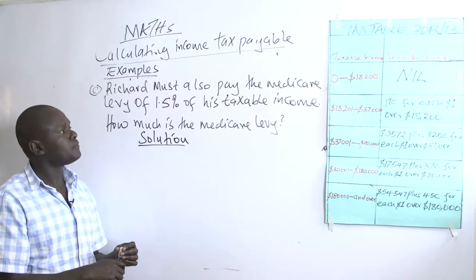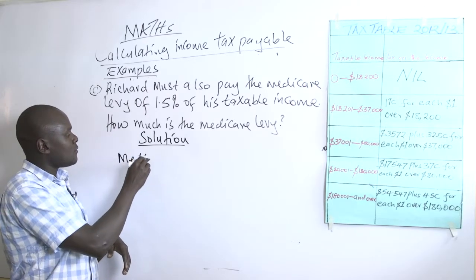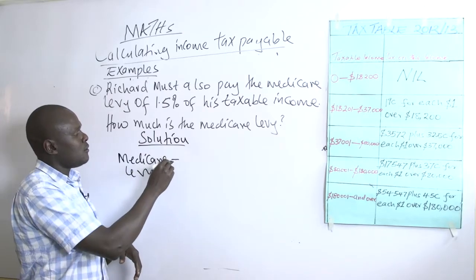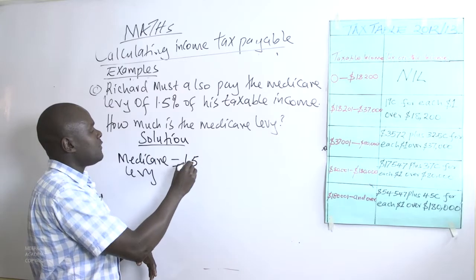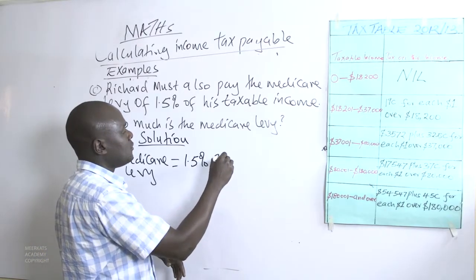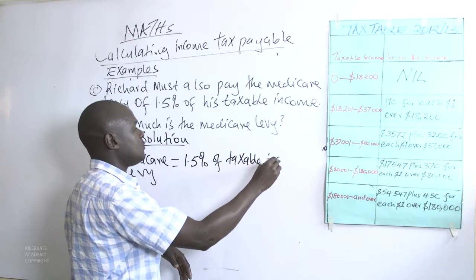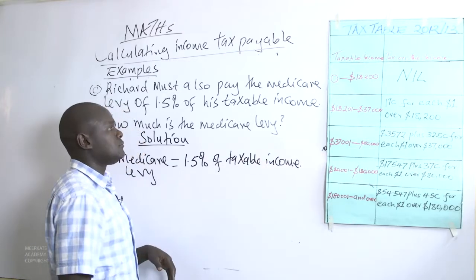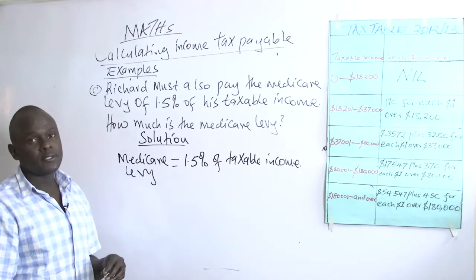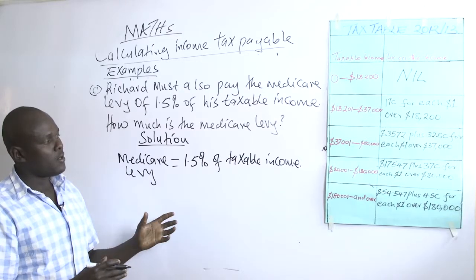So this particular question requires us to calculate the amount of Medicare levy that Richard is required to contribute. And we are saying that Medicare levy is 1.5% of the taxable income. Remember, how we get our taxable income is the difference between gross income and the deductions.